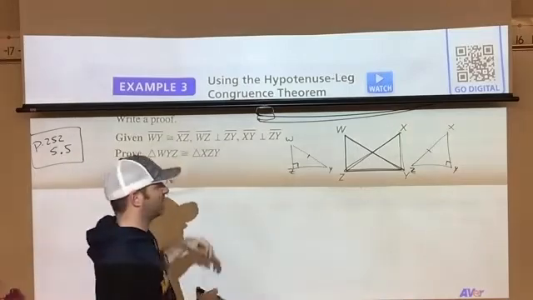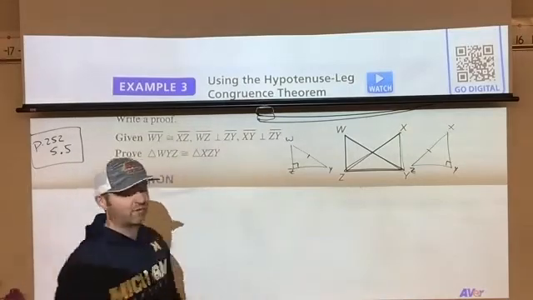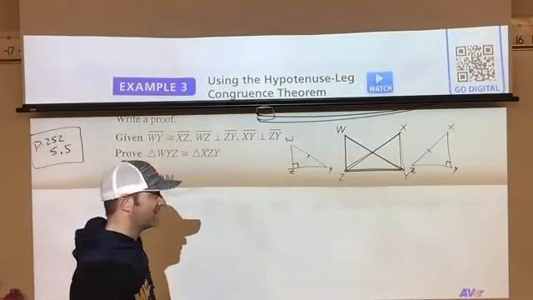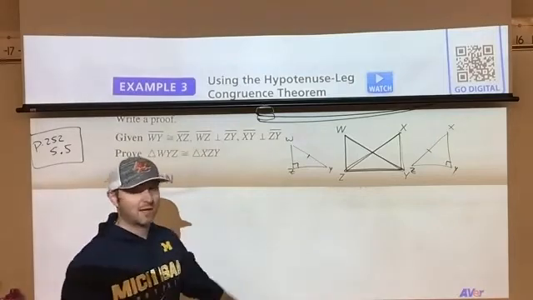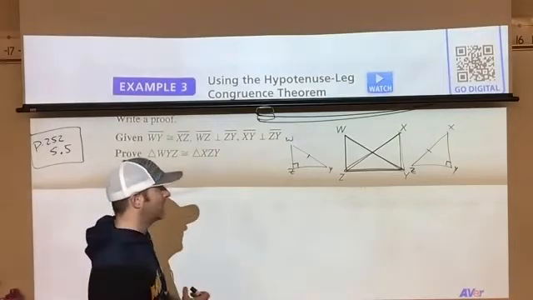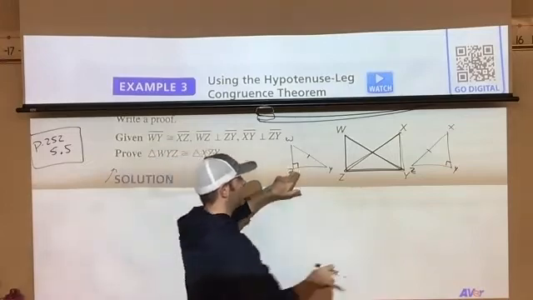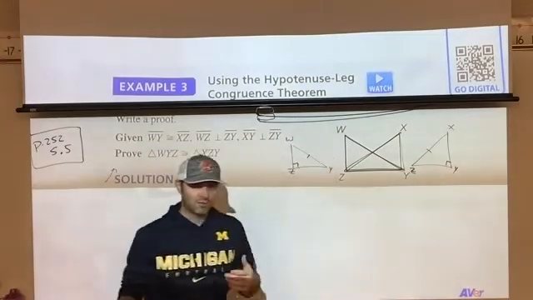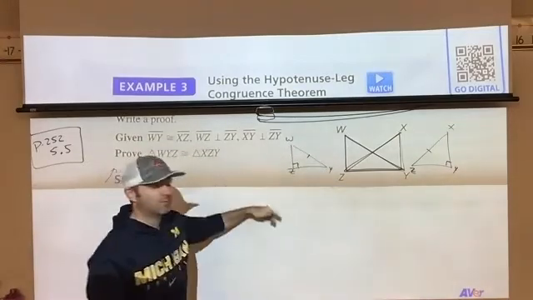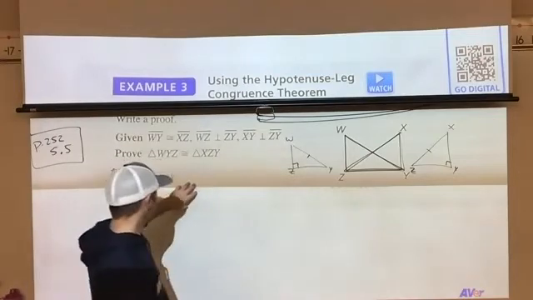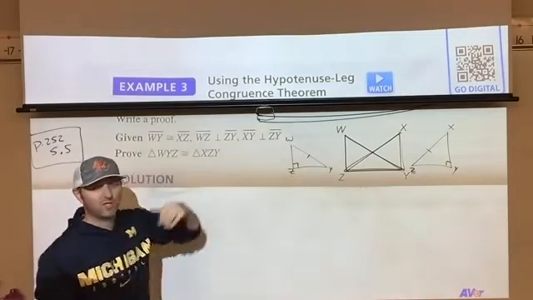I think the book even takes it one step further and says that these are right triangles. And remember, I said, as long as you have the fact that they're right angles, I'm okay with that, and take it one step further. So we have the fact that they are right triangles or right angles if we write that in the proof. And I'll show you the proof in a second. If we show that in the proof, then we can use it.